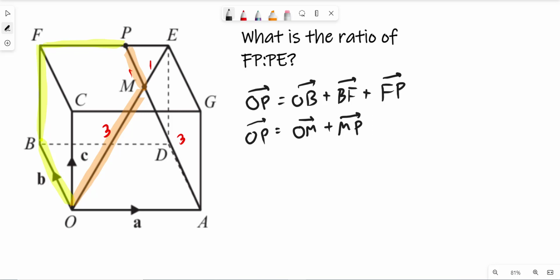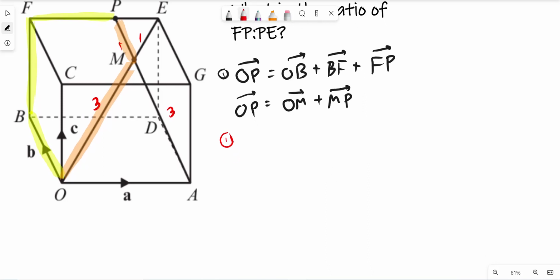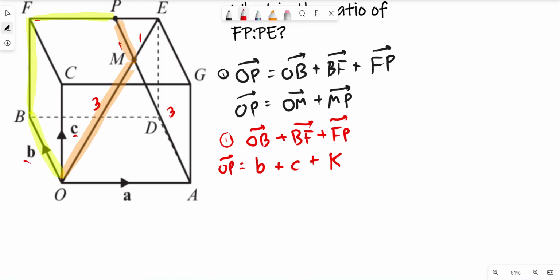So let's start with the first journey, journey 1. As we said, we're doing OP, which is OB plus BF plus FP. So let's write those in vectors. So this is OP. OB is just the vector B. BF is just the vector C, just over there and there. And FP up here is some amount, this unknown K, and that's actually what we're trying to find.